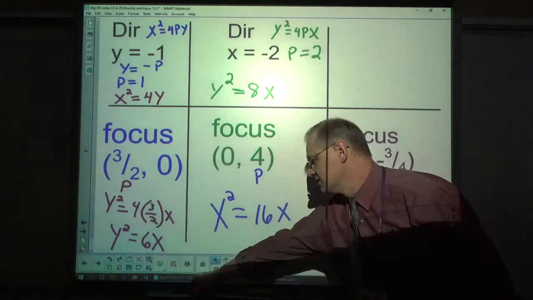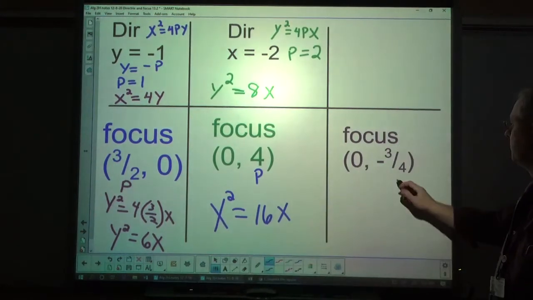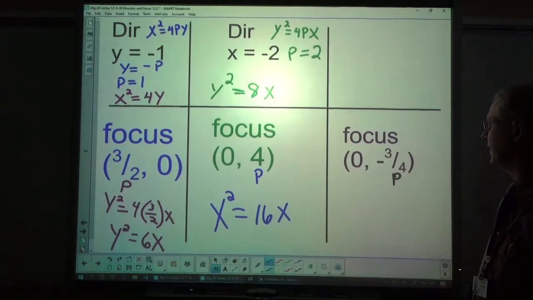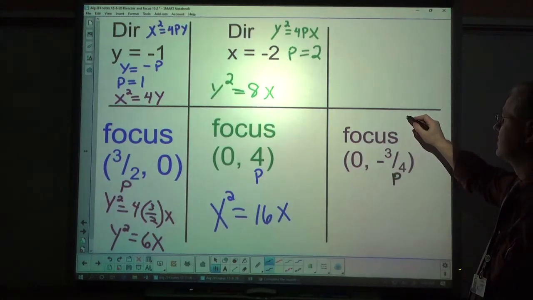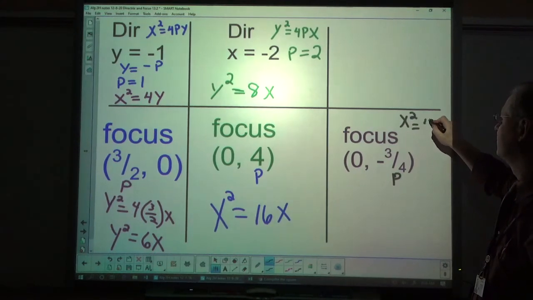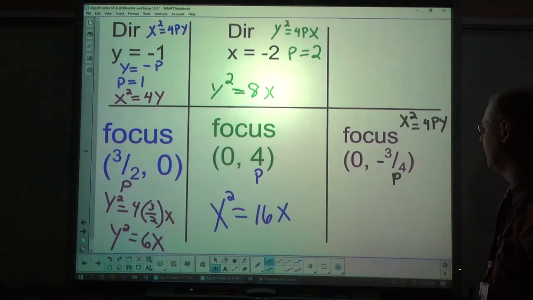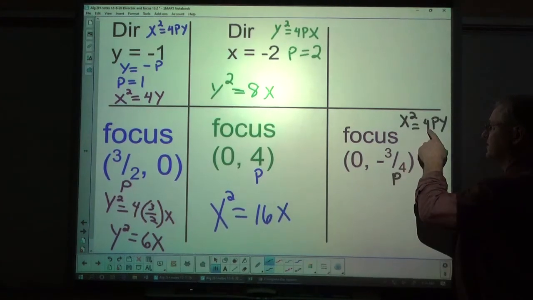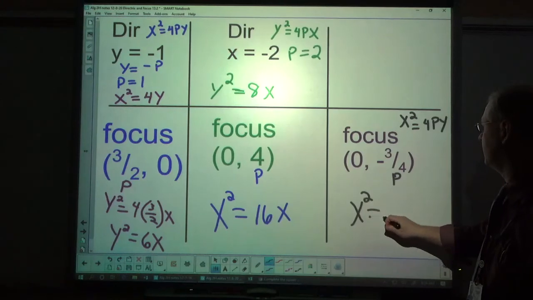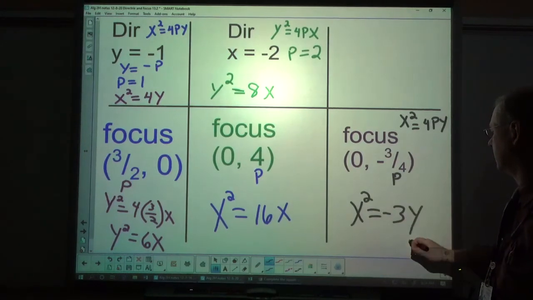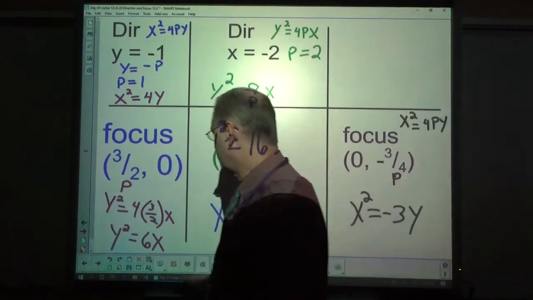Finally, in this one, p is negative 3/4, and that's in the y, so x squared equals 4py. Negative 3/4 times 4 is going to be negative 3, so x squared equals negative 3y. And that's how you do it.